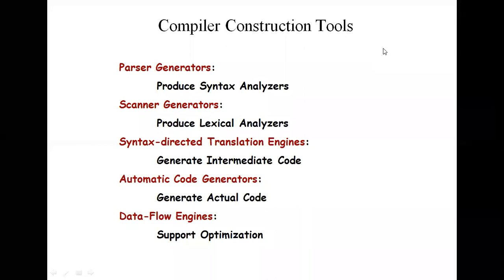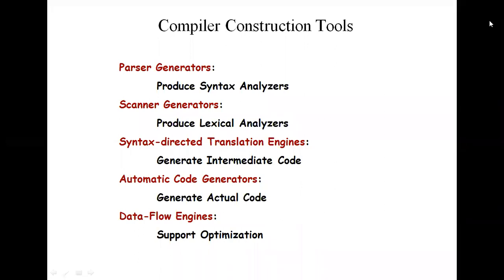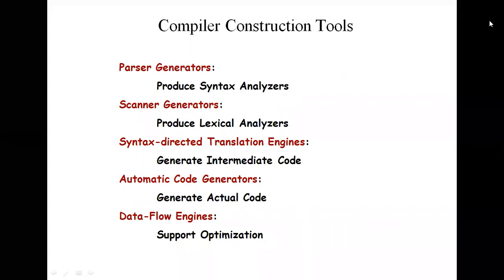While going into detail about what each tool's task is, or how the parser generator is going to be performed, and how the scanner generator is going to be performed, now we're seeing what type of task each and every individual tool is going to perform. See, parser generator. All of you make a note here. The first thing is, what type of specification are we using as an input to generate the parser.